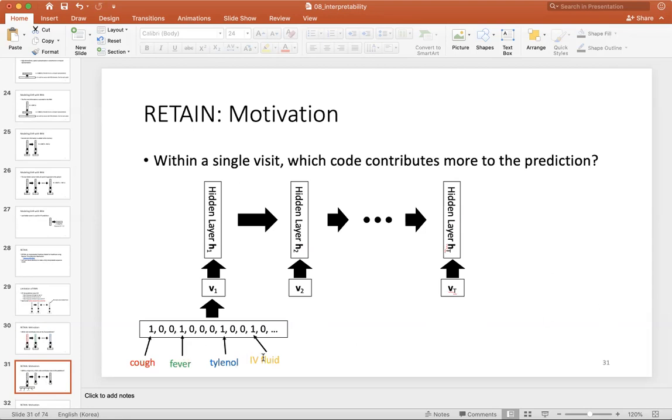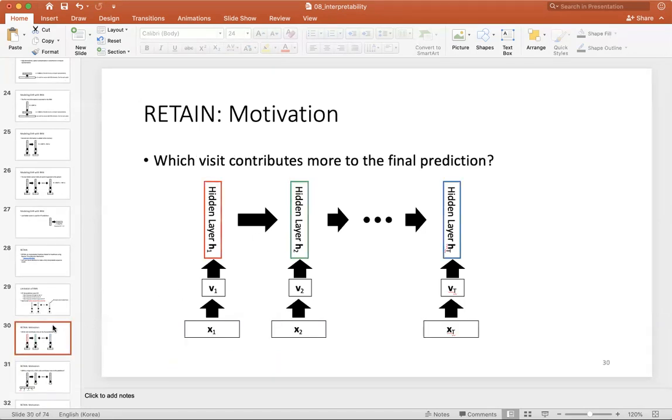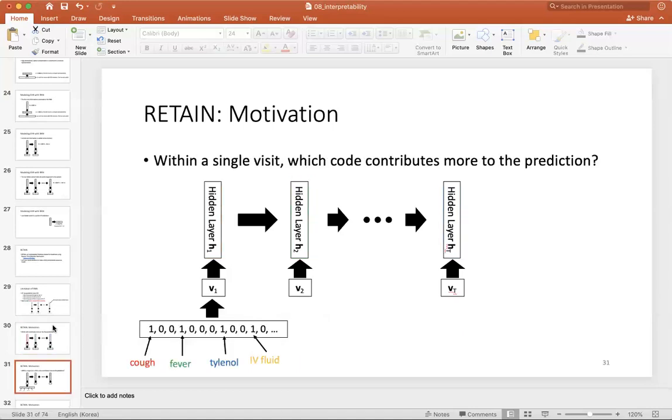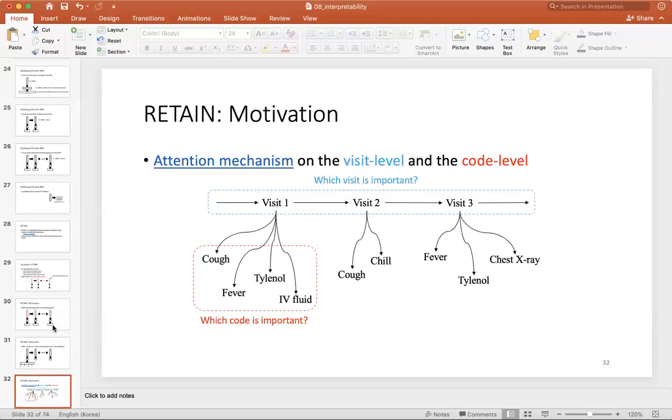IV fluid, probably not so much, but maybe cough has something to do with it. So we want to answer this too: which time step is important, and which code within that time step is important. Naturally, we can assume that we should use two separate attention mechanisms, one on the visit or sequence level, and one on the code level.